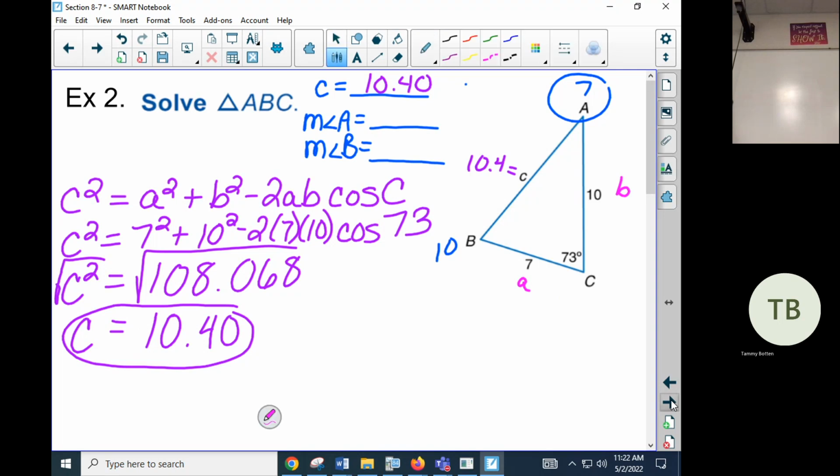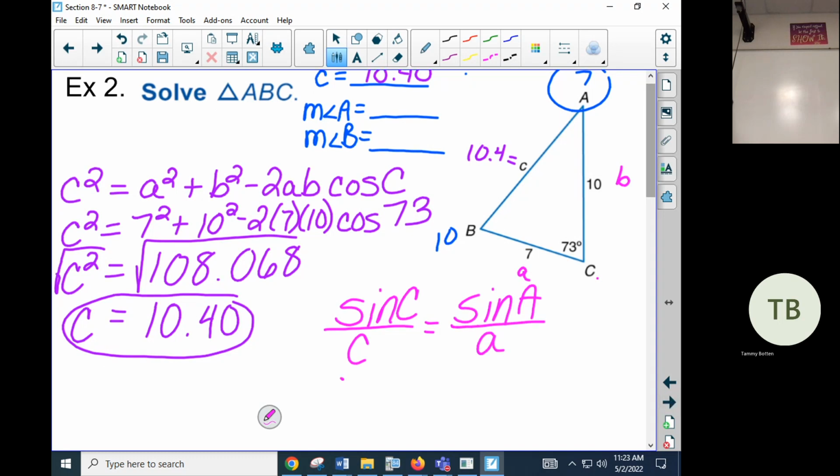To do law of sines, like we did last week, we need to know an angle and its opposite side, which we know: sine of C over little c. We're going to find A first because it's opposite a smaller side than B is, so I'm going to let this equal sine of A over little a.